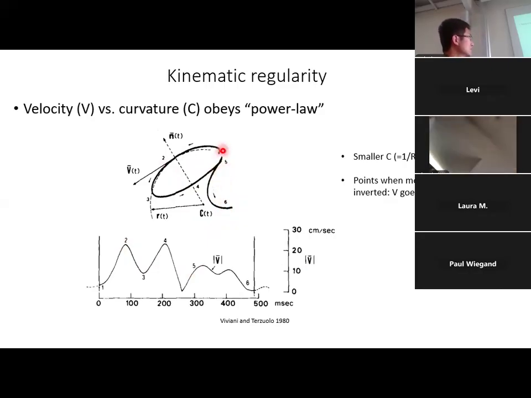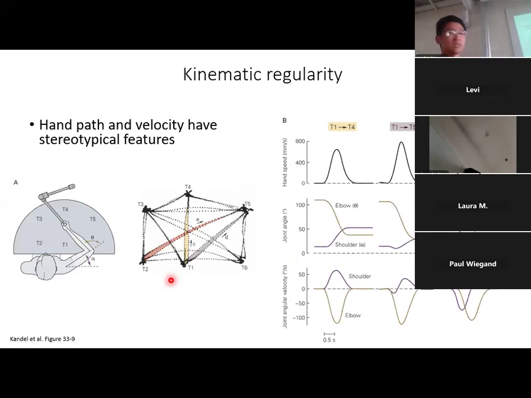What is interesting is that by reversing, you have a very small radius, corresponding to an infinite curvature. So the velocity becomes slower when the movement reverses. This is more applicable to a practical condition, drawing the letter A, and you can again map this to the power law. So this is the kind of regularity we see.